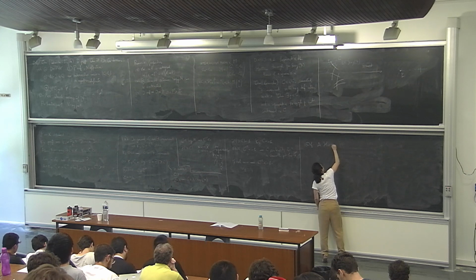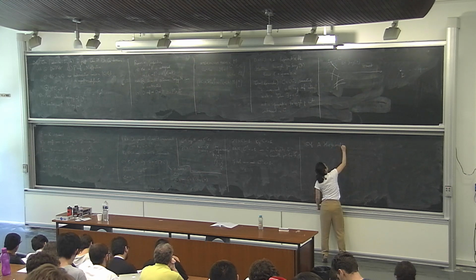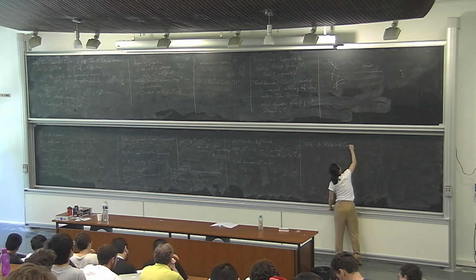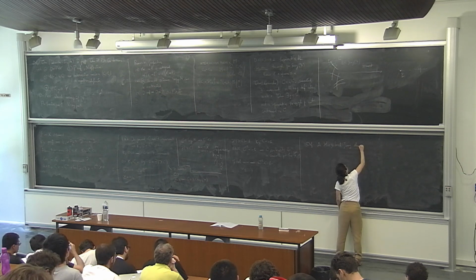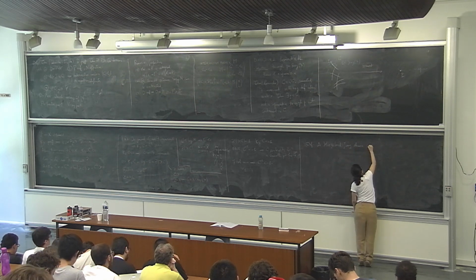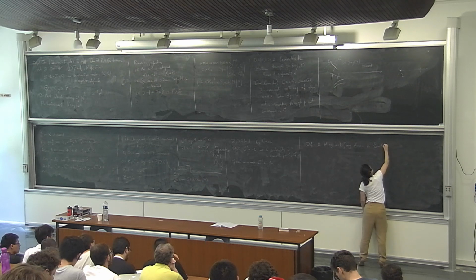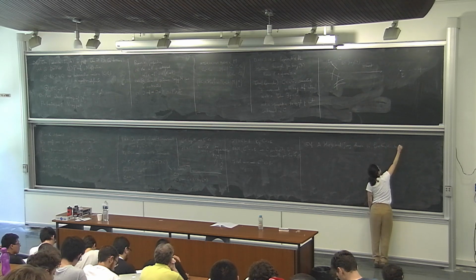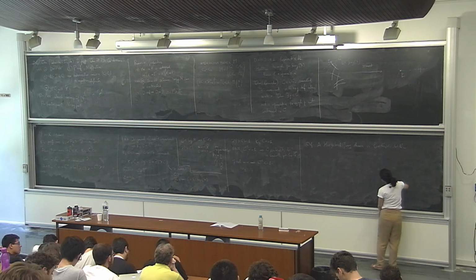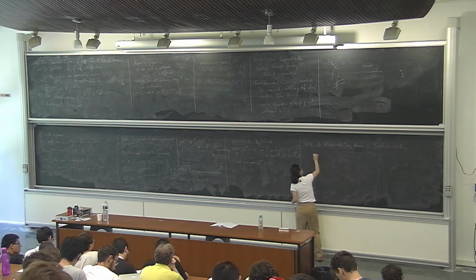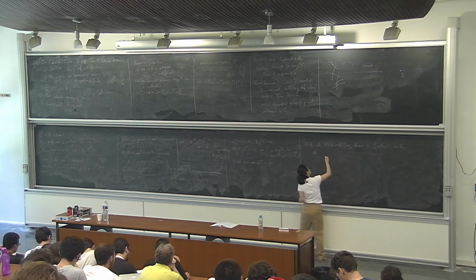So here's the Hirzebruch-Jung chain. It is a curve C. Let's say it has n components with the following property.